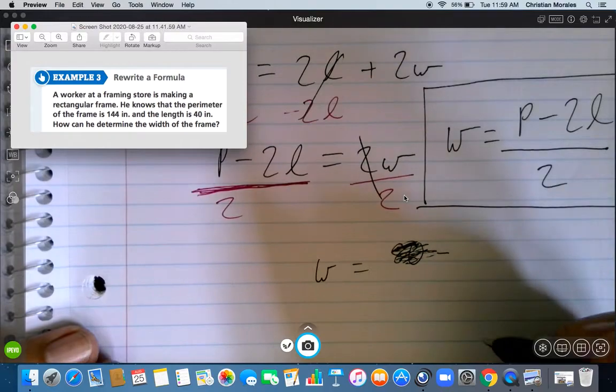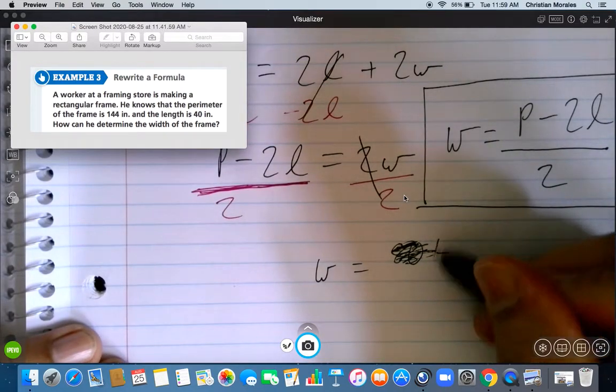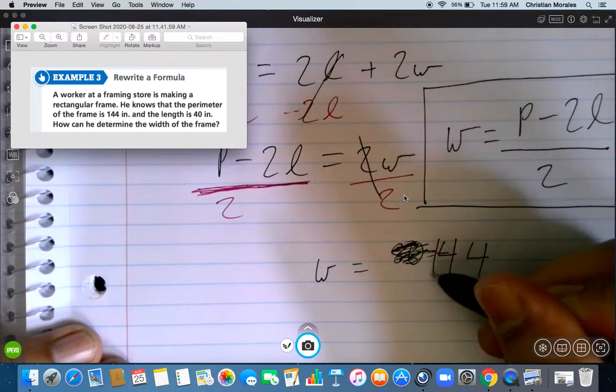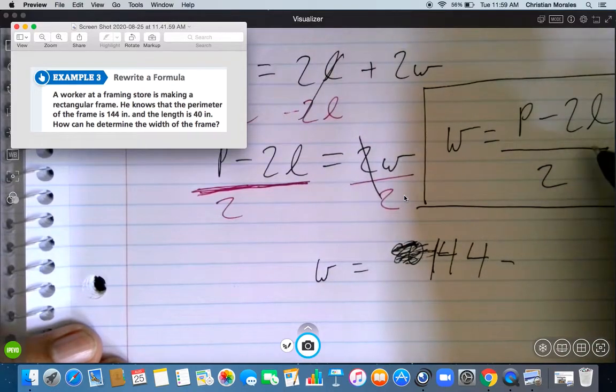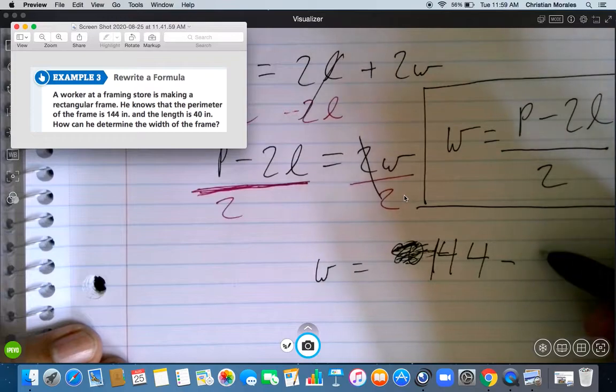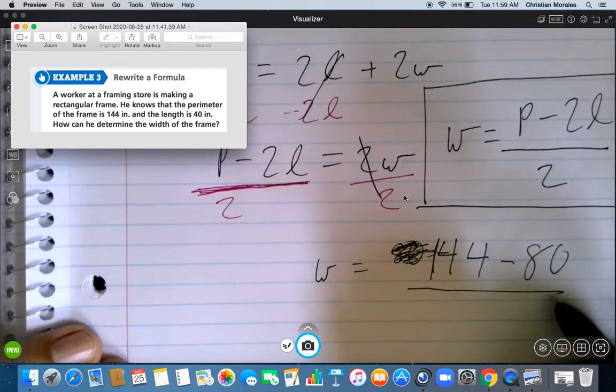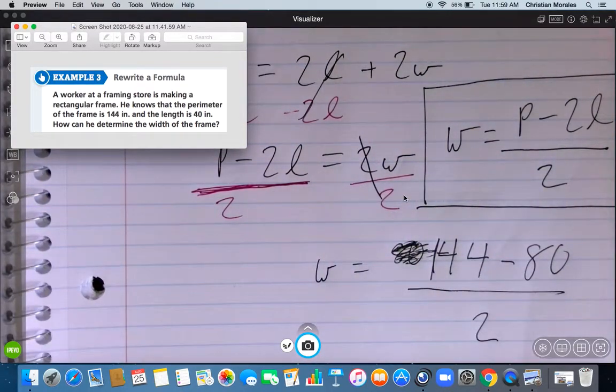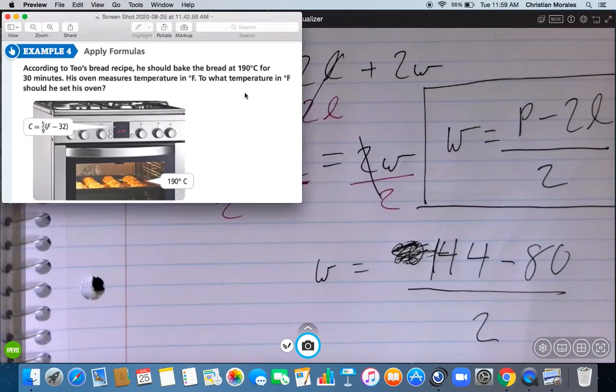The perimeter was 144 minus 2L, this is 40. So when you plug in 40, you get 144 minus 80 divided by 2. And then you can put that in your calculator and solve. Okay? Let's move on to the last question. You guys can do that on your own.